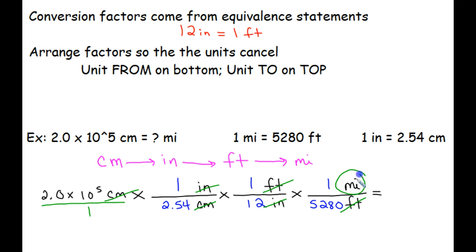The last unit on the top is what we were trying to get to. So we know we've set this up correctly. If you punch this into your calculator correctly, you should get, and this is not rounded to correct sig figs, I'm just rounding it off a bit because it's a long number, 1.24 miles.